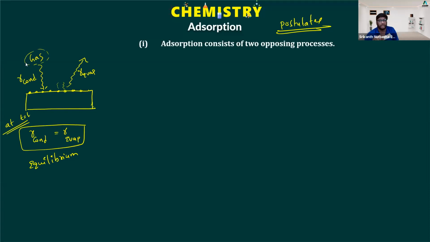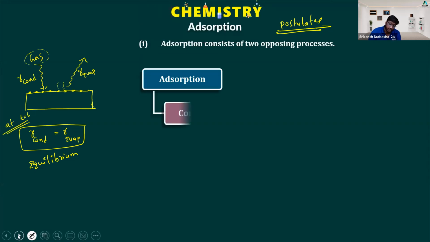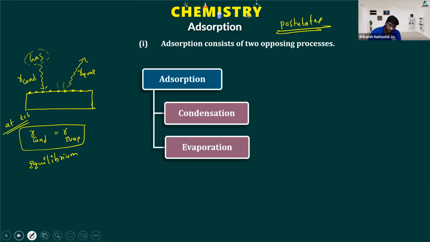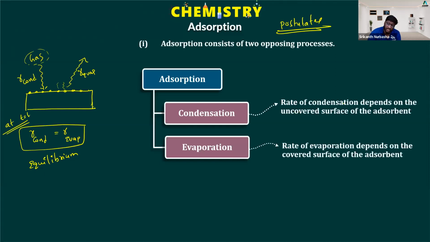Also, it depends upon pressure. If I apply more pressure, more is the adsorption. So rate of condensation depends upon the uncovered surface of the adsorbent. How much surface is not covered, on that the rate of condensation depends. Rate of evaporation depends upon the covered surface of the adsorbent.